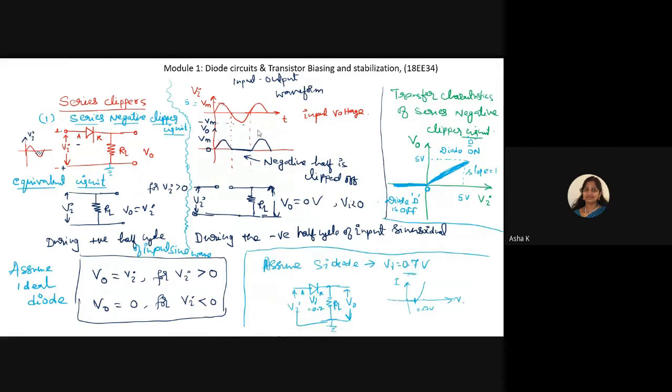Now, after assuming that the diode has the knee voltage or cut-in voltage, we're going to learn the effect of the cut-in voltage of the diode on the output of the clipper circuit, the series negative clipper circuit.